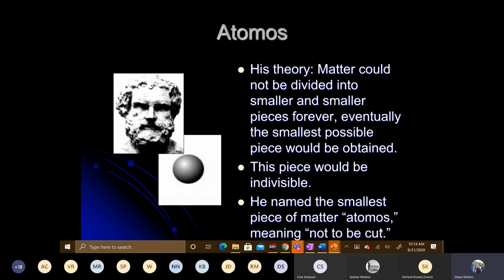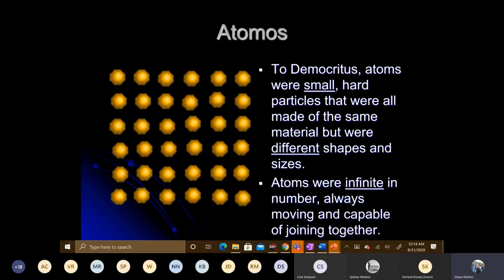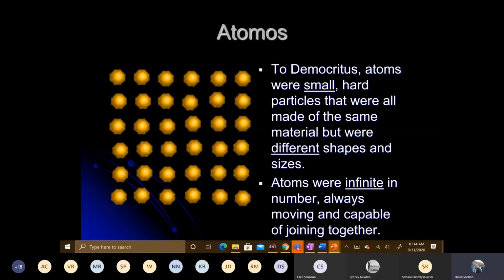So Atomos is where the atom originates its name from, and Atomos means that the atom cannot be cut in half. So once you get to the atom, it's a solid particle. You can't break it down any further. It's what it is. So now obviously there are some problems with that. Now, to Democritus, atoms were small, hard particles that were all made of the same material but were different shapes and sizes.